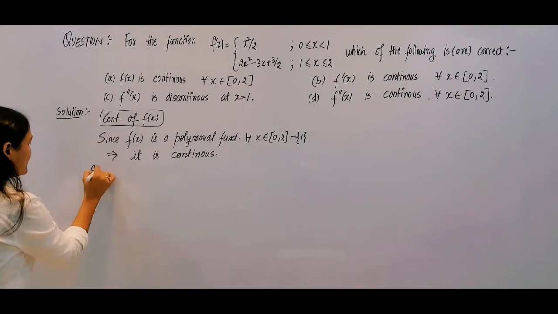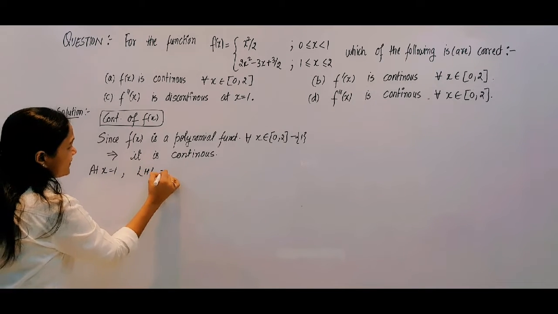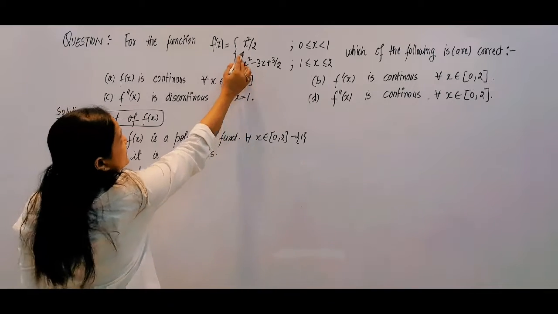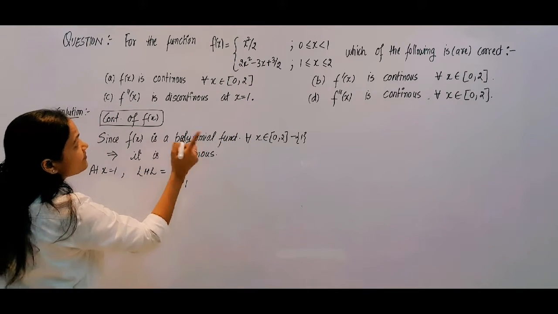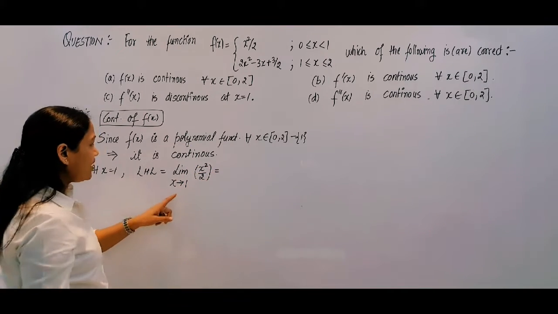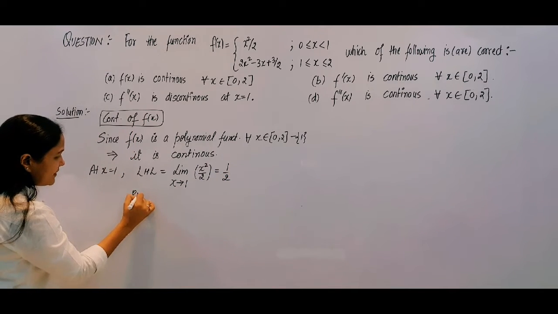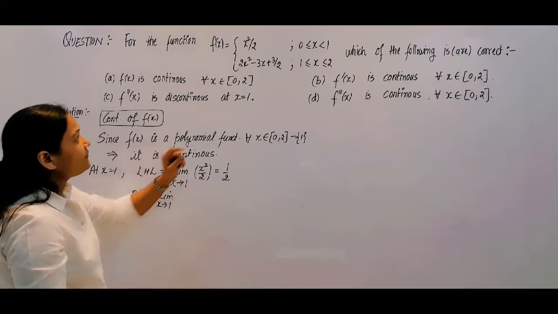So at x is equals to 1, let us try to find out left hand limit. Left hand limit will come from this function. Limit x tends to 1 x square upon 2, and that will come 1 by 2, and the right hand limit will come from which function?